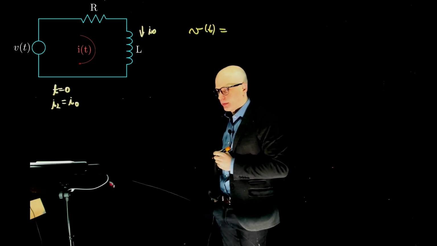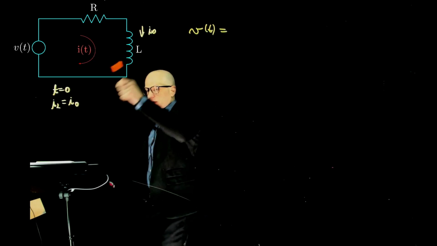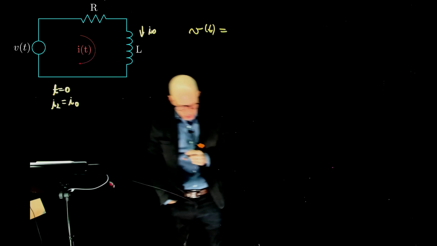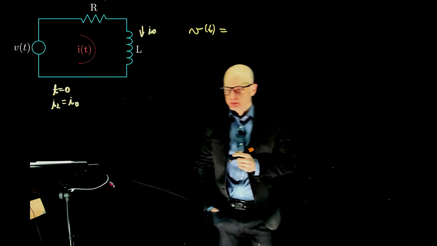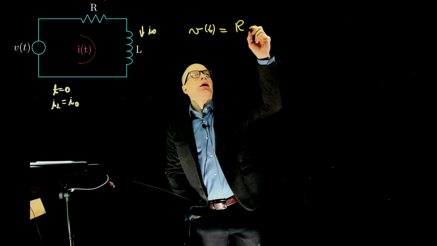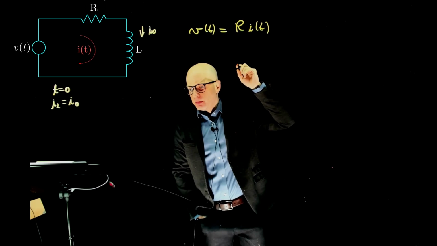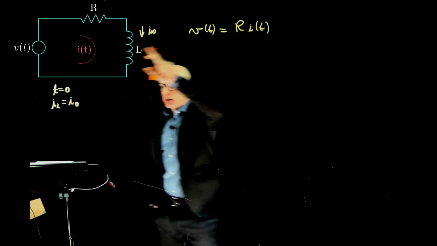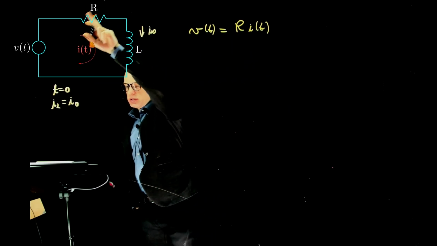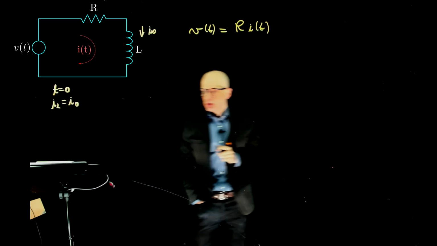Sum of all voltages across these in this loop. What is it? Would it be I0 times R? I of t times R, right? Current times the resistance, that is the voltage drop here, plus the voltage drop across the inductor.